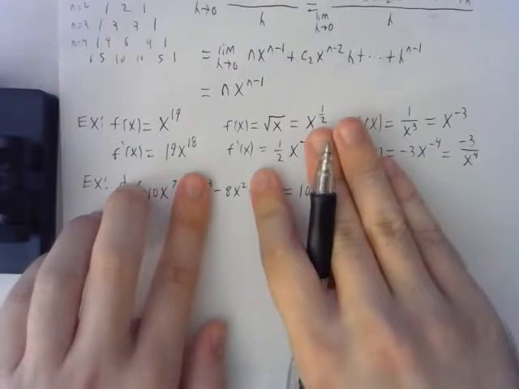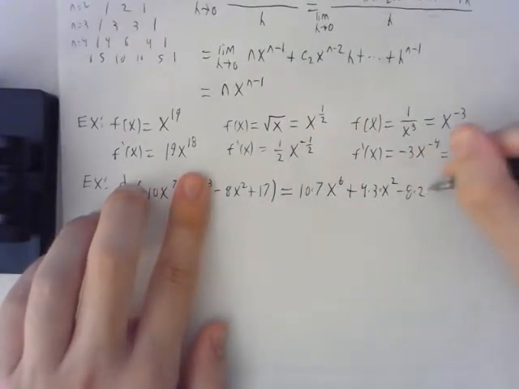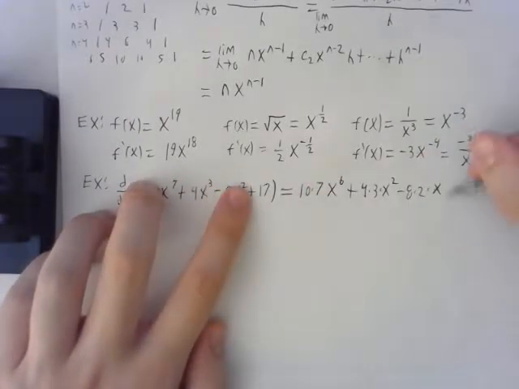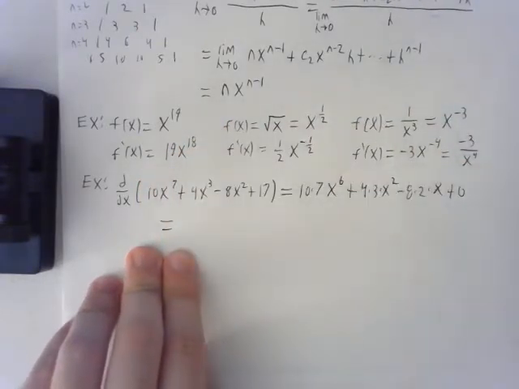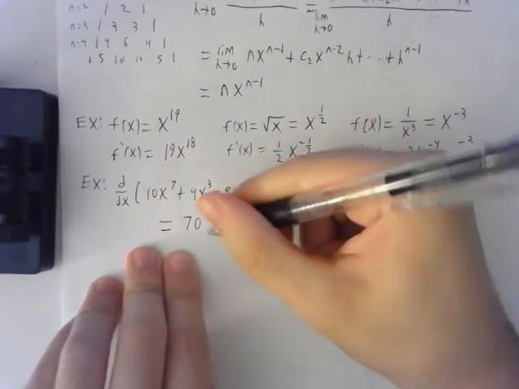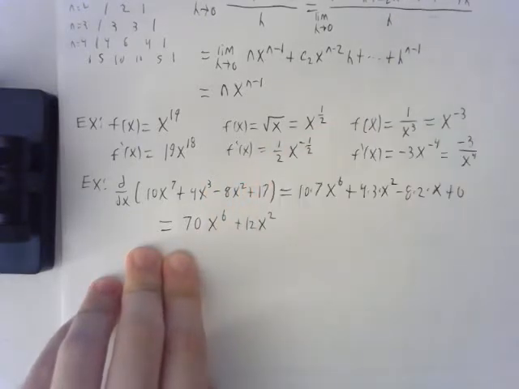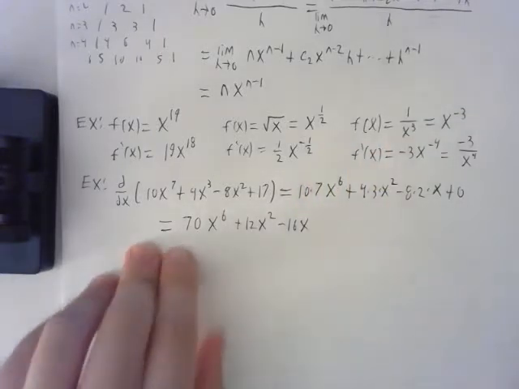This term, we'll get negative 8 times 2 times x. And then this term, this is a constant, so its derivative is 0. And then if we just simplify this a bit, we see that it's 70x to the power 6 plus 12x squared minus 16x, and then plus 0. So that's it.